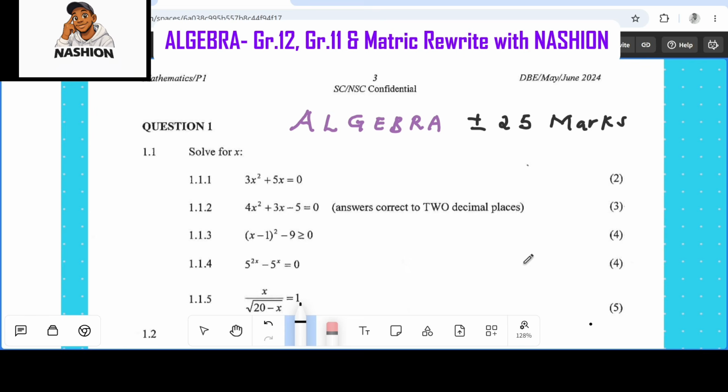Okay, for illustration, let's refer to these past exam questions. Question 1.1.1, quadratic equation, why? The x is squared. Question 1.1.2, another quadratic equation, why? The x is squared. Question 1.1.3, inequalities, why? We have greater than. Question 1.1.4, exponential equation, why? x is an exponent.